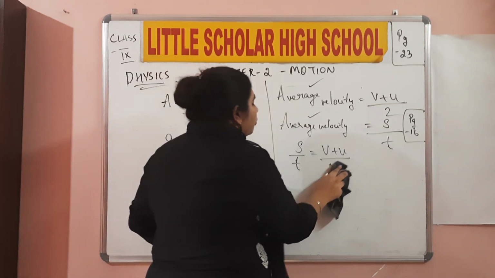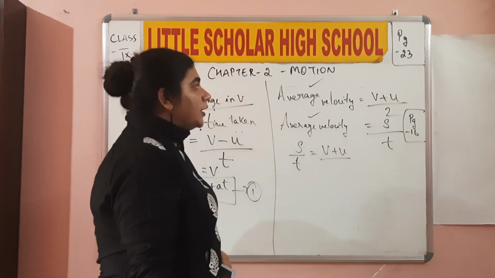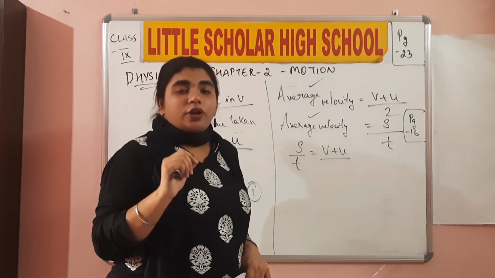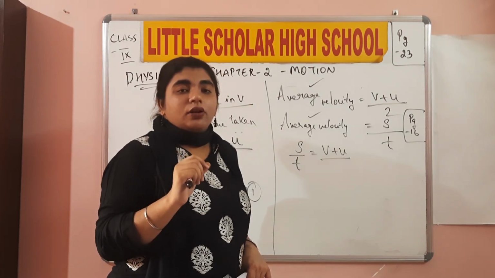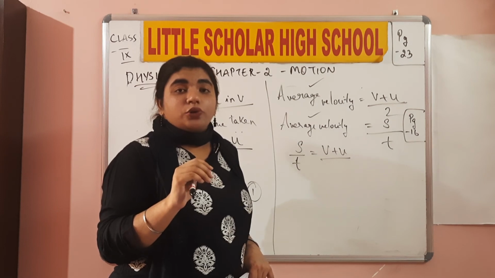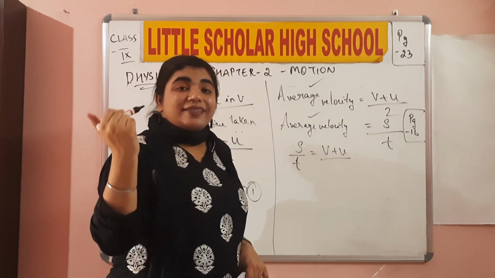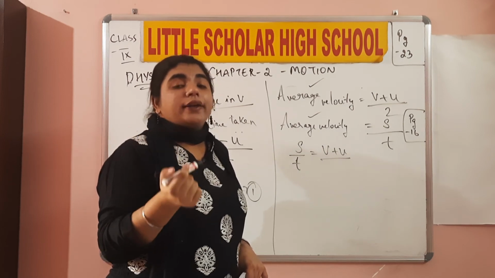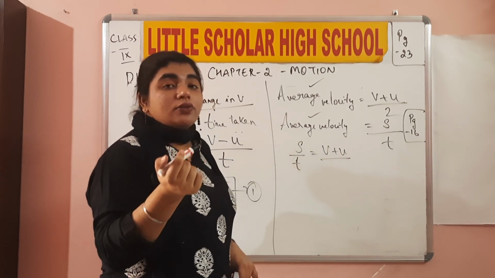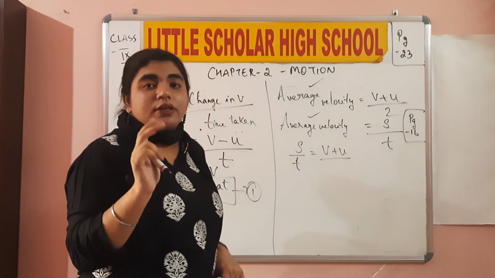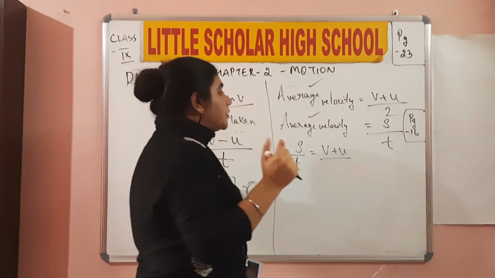Okay. I wrote two equations for average velocity. The average of two numbers is the sum of the numbers by the number of numbers. The same way, the average velocity is the sum of the velocities by 2, because there are only two velocities, the final and the initial velocity.